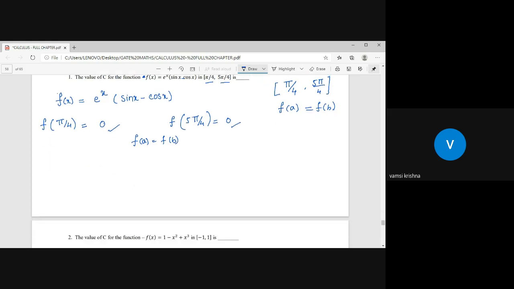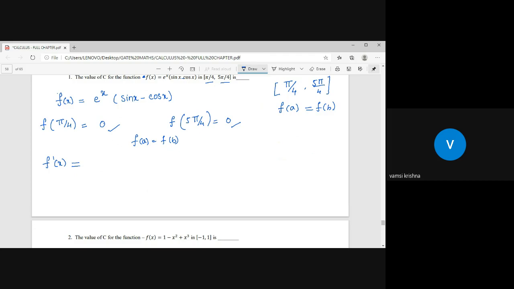So in our Rolle's theorem, there exists some c in the closed interval of a b such that f dash of c is equal to 0. Sir, if you want to make f dash of c is 0, first find out f dash of x. If you find out f dash of x, then you can speak about f dash of c. So what is f dash of c?